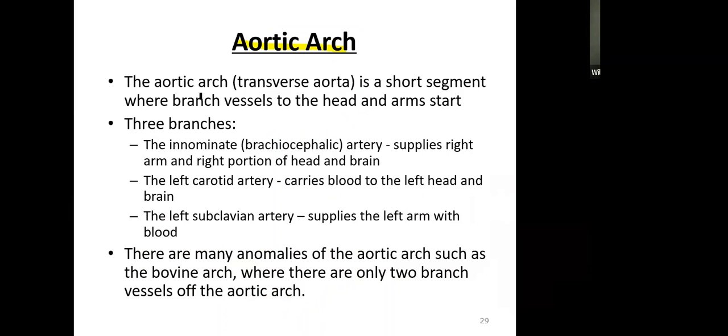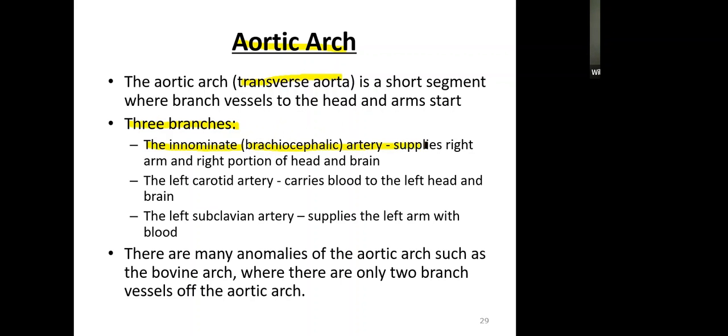So the aortic arch or transverse aorta is a short segment where branch vessels to the head and arms start. So we've got three branches that we need to know. We've got the innominate, which is called the brachiocephalic artery. So brachiocephalic means arm and head. Cephalad is head, brachio is arm, so arm and head.